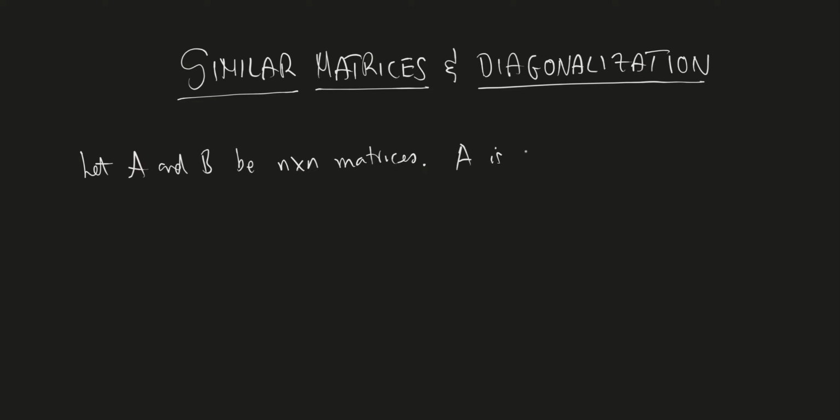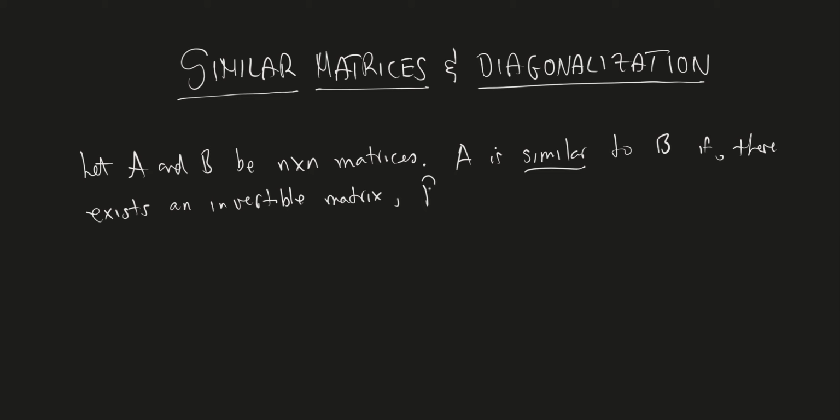A is similar to B, which is what we're defining now, if and only if there exists an invertible matrix, let's call it P, such that this is true.